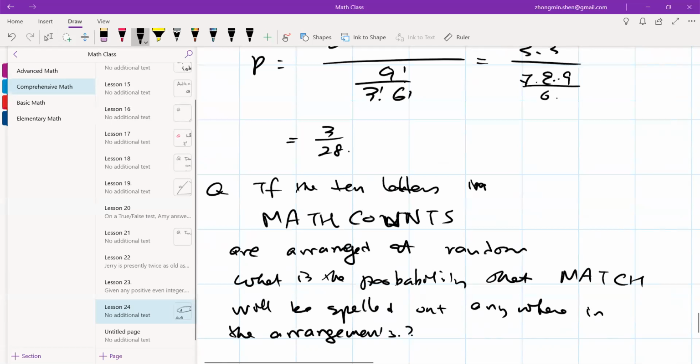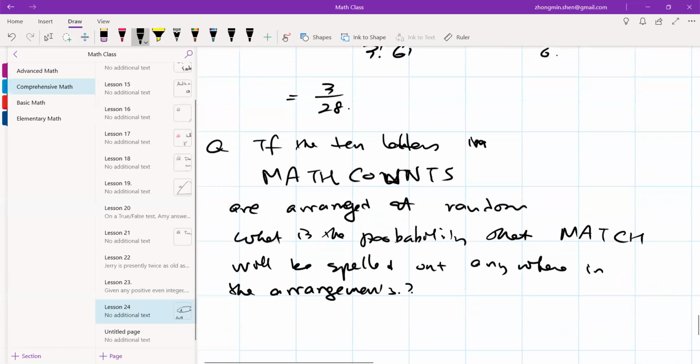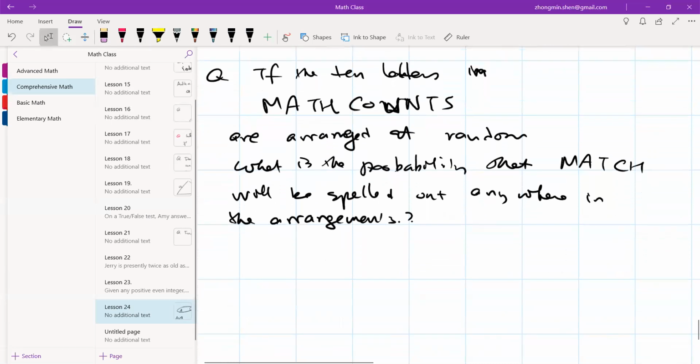All right, so think about this. First of all, when you do the permutation, the number of all possible outcomes is going to be what? How many letters are there? 1, 2, 3, 4, 5, 6, 7, 8, 9, 10.